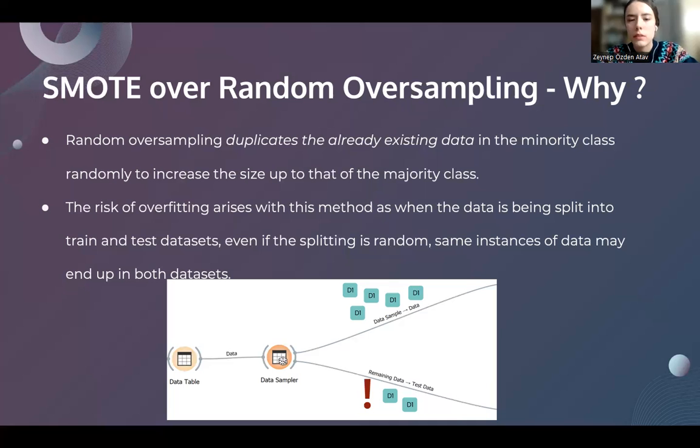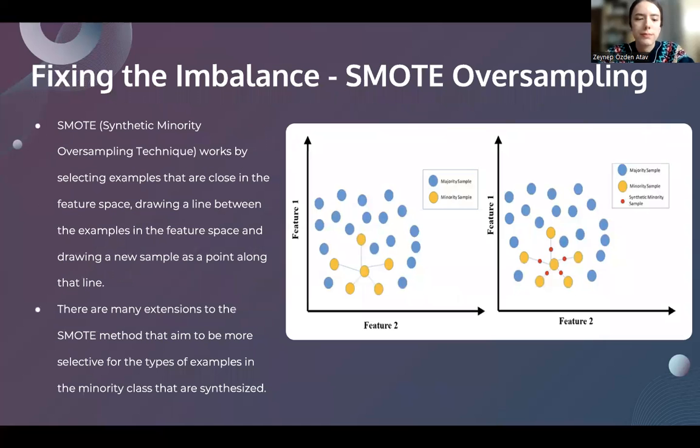Next slide, please. In the end, we decided to use the SMOTE method. Basically, SMOTE, as you can see on the left graph, draws lines between minority samples.